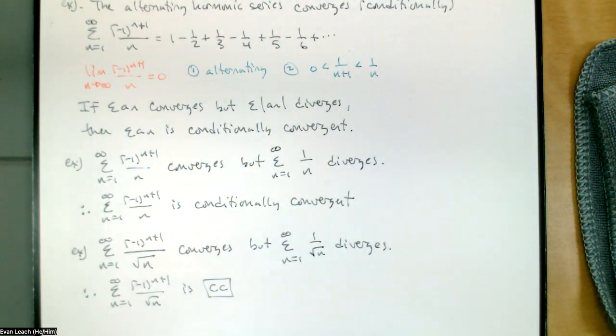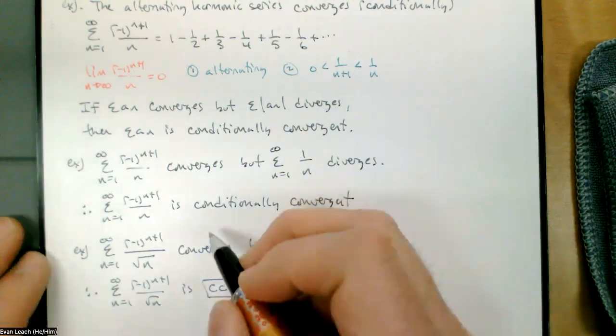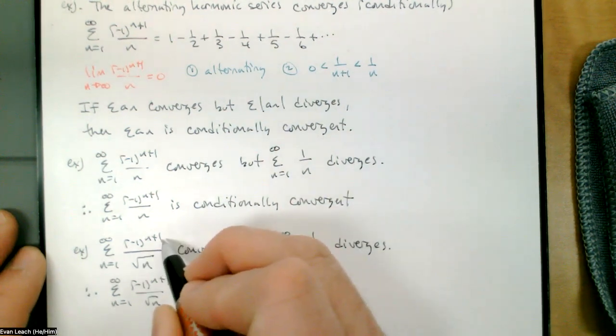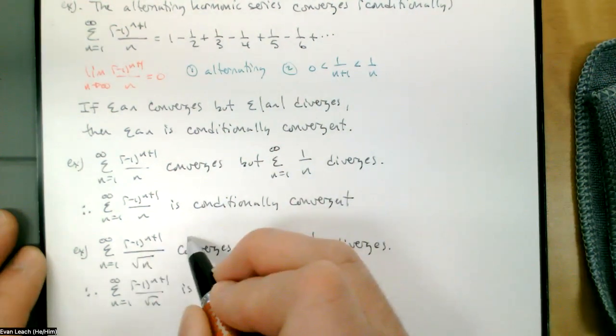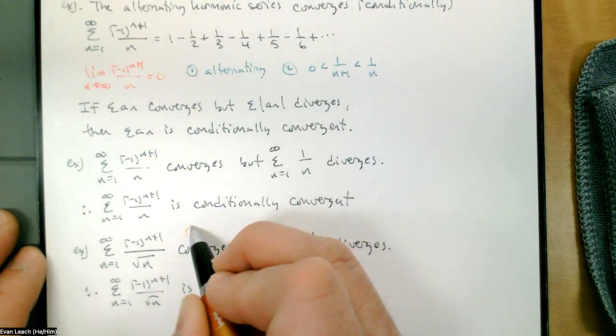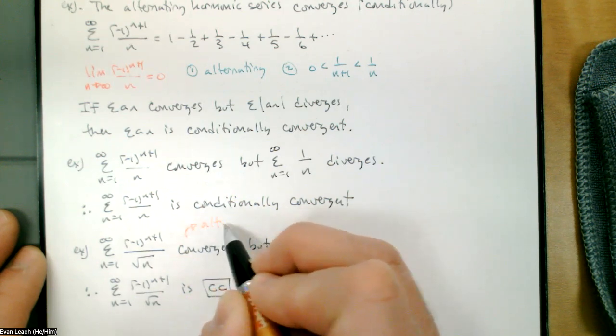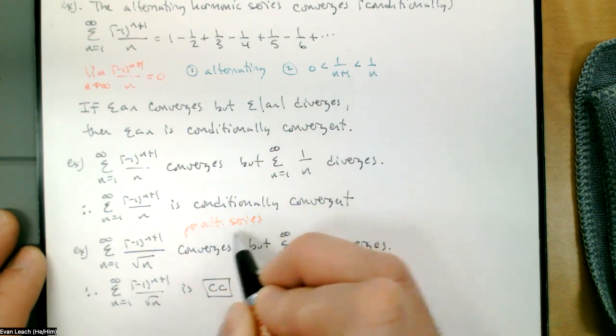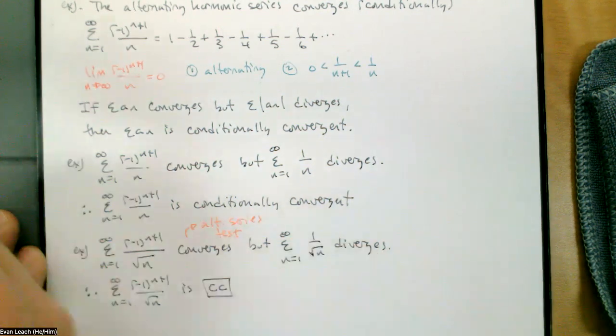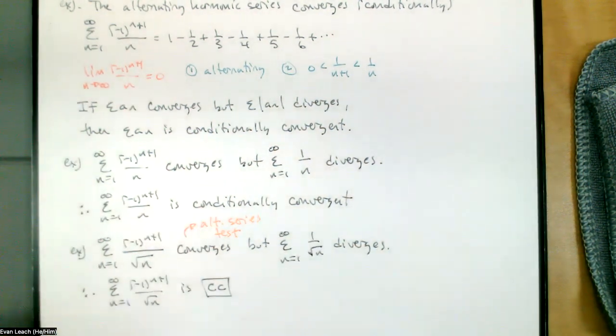The alternating 1 over the square root of n series converges by the alternating series test. Let's make sure we make notes of why things are. So this alternating 1 over square root of n converges by the alternating series test. But the series 1 over square root of n diverges.